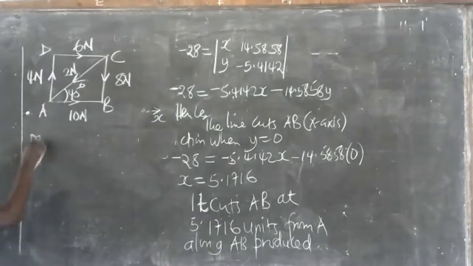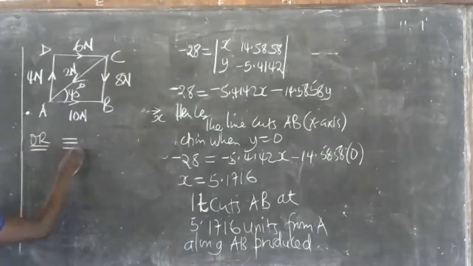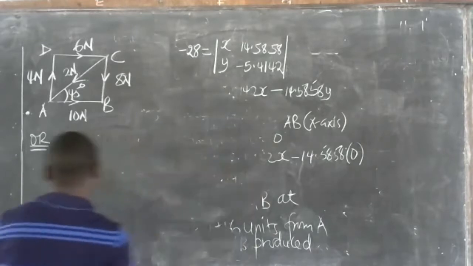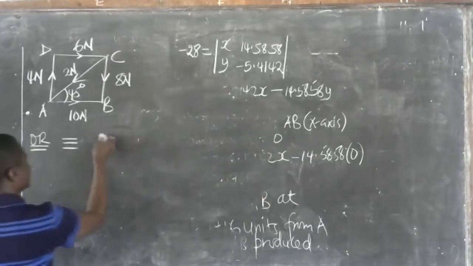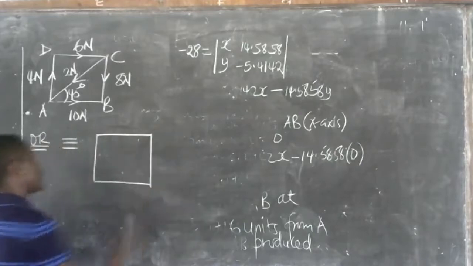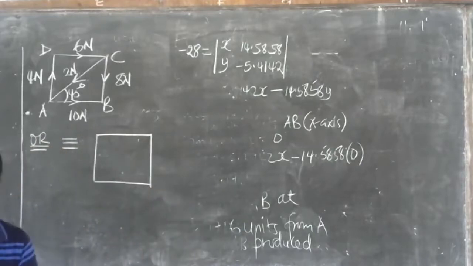Now, alternatively, we can draw the equivalent force diagram. You see this symbol, equivalent diagram, and we put the resultant. So for the equivalent diagram, you use the definition of a resultant.